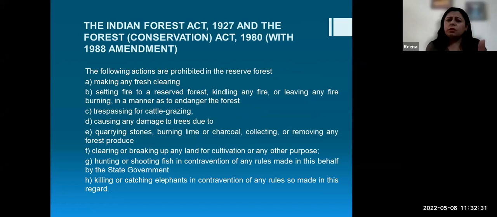Then they cannot trespass, cattle grazing cannot take place in these forests, and they cannot damage trees. And mining or quarrying of stones, burning lime, or extraction of limestone, any kind of minor minerals cannot be extracted from these forests. All these provisions were given to ensure a minimum level of conservation in our forest areas.